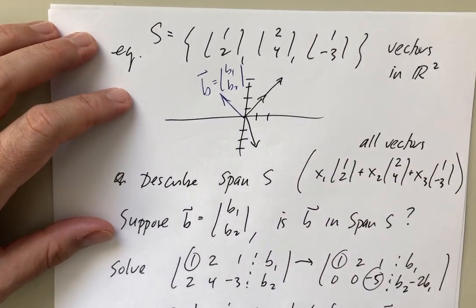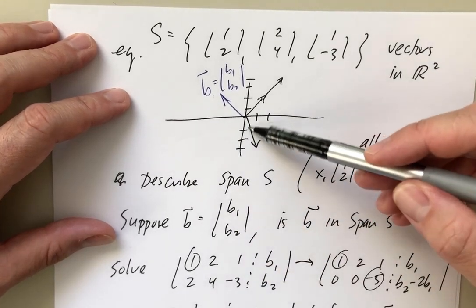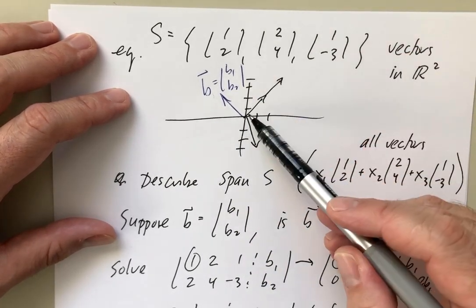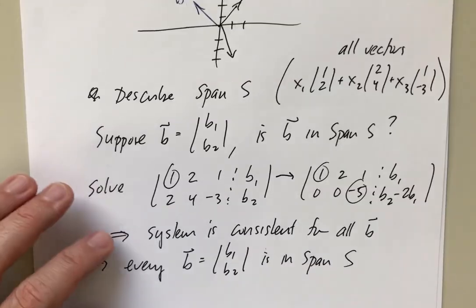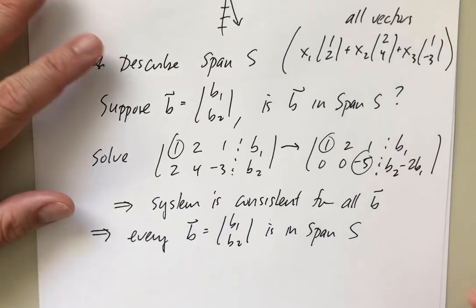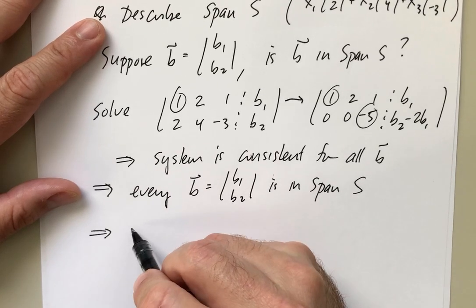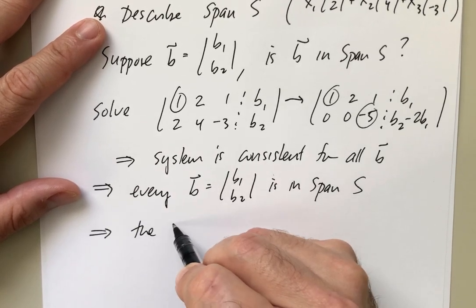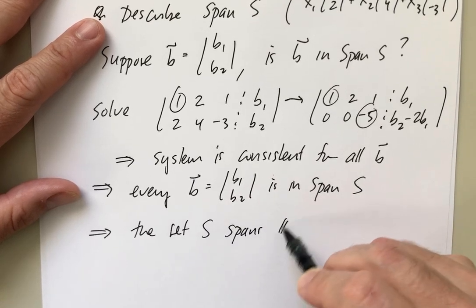For instance, I won't try to do it here, but we can write this vector as taking some negative part of this vector plus some negative part of this vector, and if you choose your weights correctly, you'll be able to describe B as a linear combination. So every vector B is in the span. What we say then is that the set S spans all of R2.